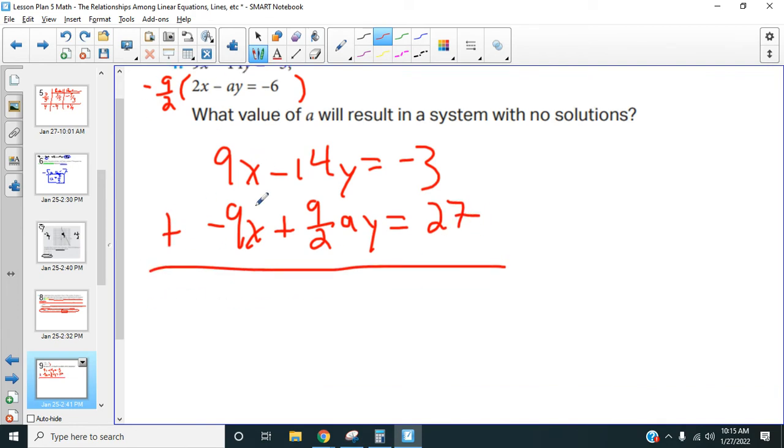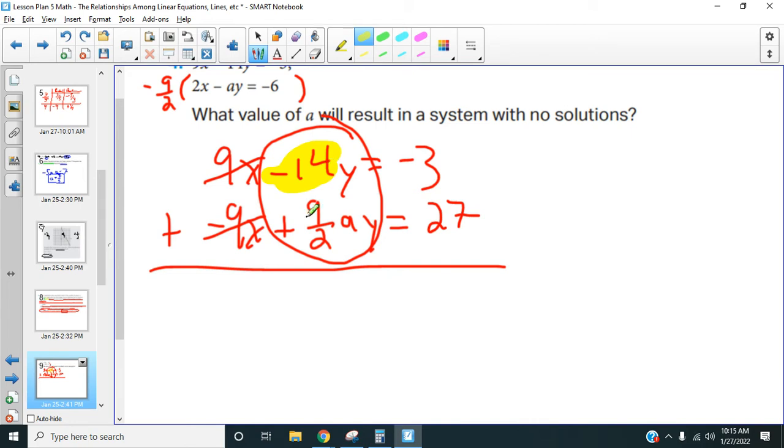And then since we're using elimination, we would say, all right, these two add up to 0. And then what we'd want is these two to also add up to 0, right? So this is what we would want to happen.